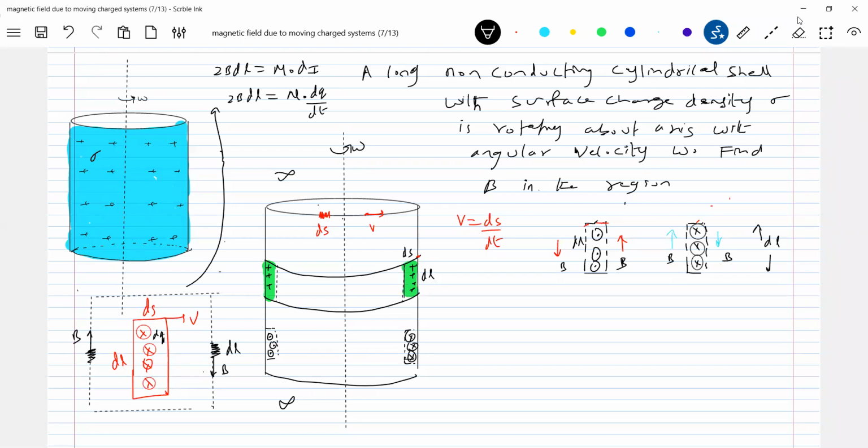What should be the dq? It is sigma into dl into ds. So this should be 2B dl equal to mu naught sigma dl ds by dt.